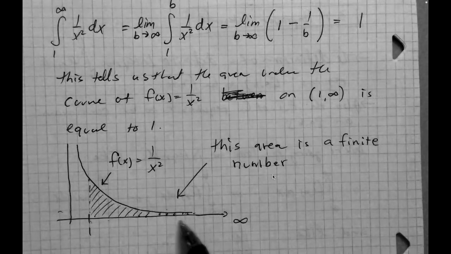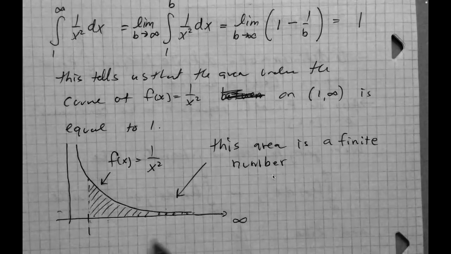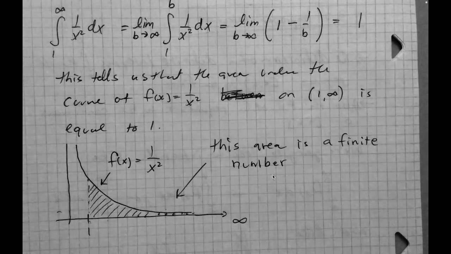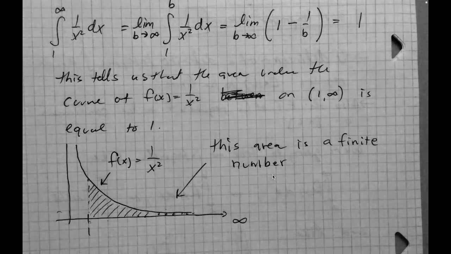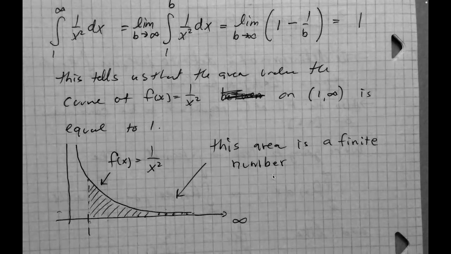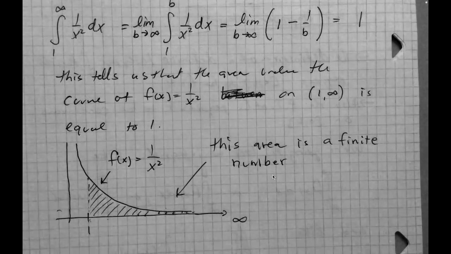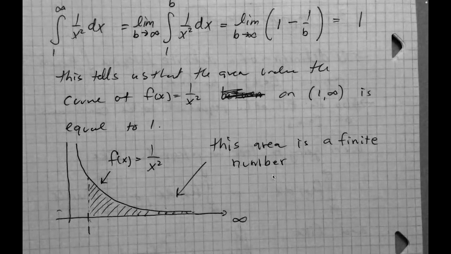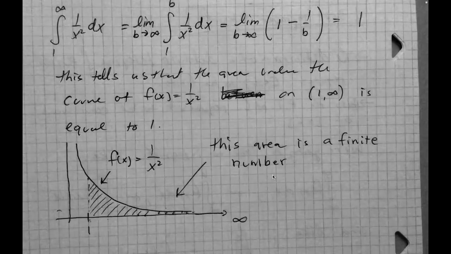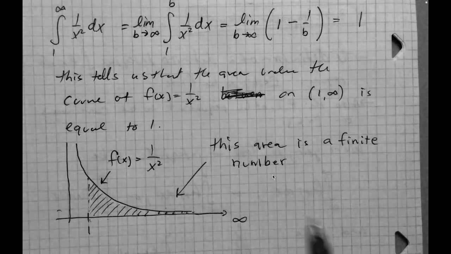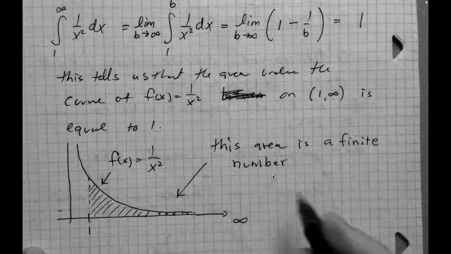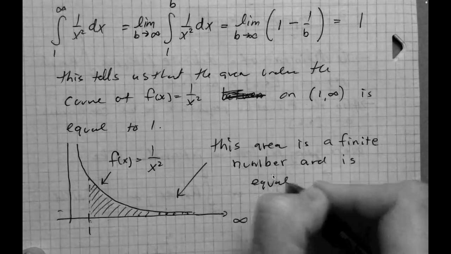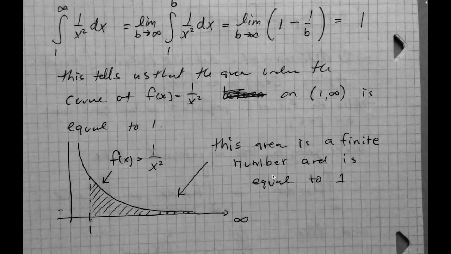The amount of area you're adding at each unit as you move off to infinity is tiny, and the rate of decrease of the area you're adding is rapid enough that the whole area converges to not only a finite number but the number 1. So this area is a finite number and is equal to 1.